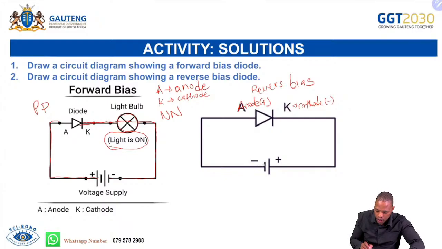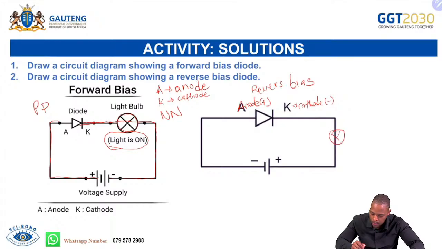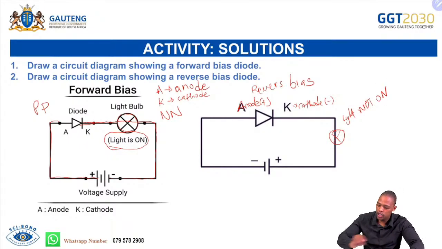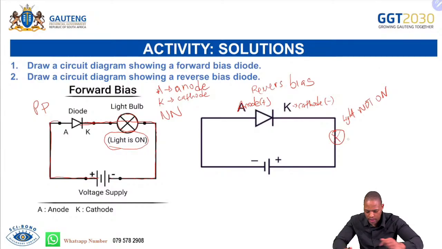The anode is connected to the negative terminal of the battery, while the cathode is connected to the positive terminal of the battery. If we had a light bulb in this, the light bulb will not be on. So we'll say light not on, because we're saying light is on here. So light will not be on here because we are not going to be having electricity flowing through. In this case, it's a reverse bias diode.